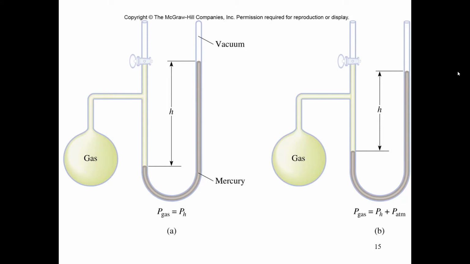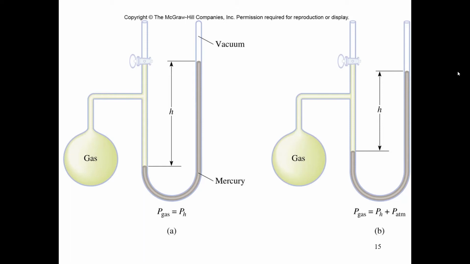So as gas is produced, it pushes on the mercury, and we can simply take the difference in height between the two sides of the U-shaped column of mercury directly as the pressure. In this case, we would measure it in millimeters of mercury, which is the same as torr, T-O-R-R.